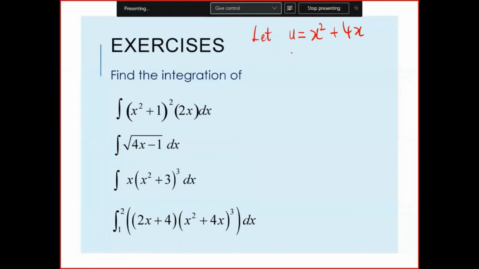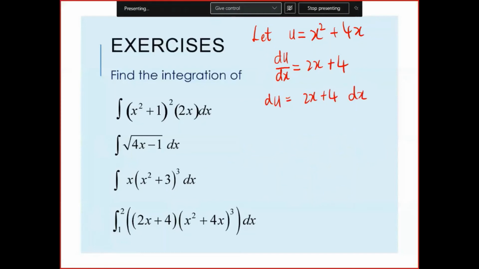Okay, so after that, what do we do? Very good. We differentiate. We get 2x plus 4. So now in this case, the du is actually 2x plus 4 dx.